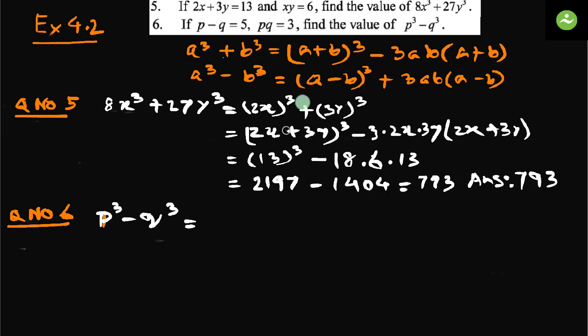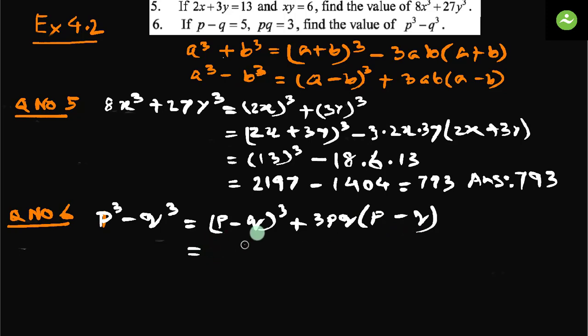Can we write it following this corollary? A cube minus b cube equals a minus b whole cube plus 3ab into a minus b. Here a means p, b means q. So p minus q whole cube plus 3pq into p minus q.